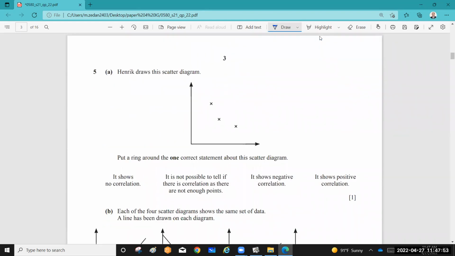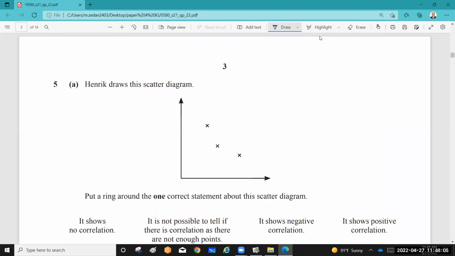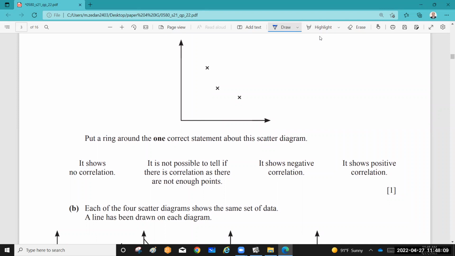Henrik draws his scatter diagram. Put a ring around the one correct statement about this scatter diagram. I have only 3 points plotted on the scatter diagram. Do you think that 3 points are enough to determine the positive or negative correlation? No, it is not enough.